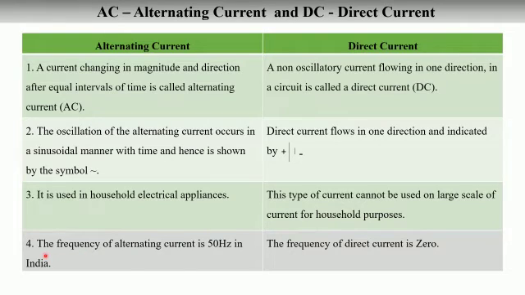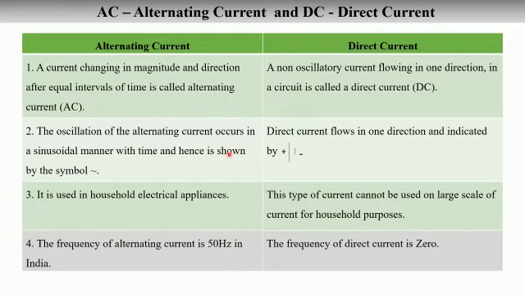The last difference, the frequency of alternating current is 50 Hertz, whereas the frequency of direct current is 0. Now, why is the frequency of alternating current in India 50 Hertz, whereas that of direct current 0?